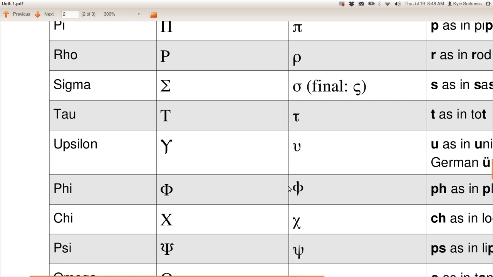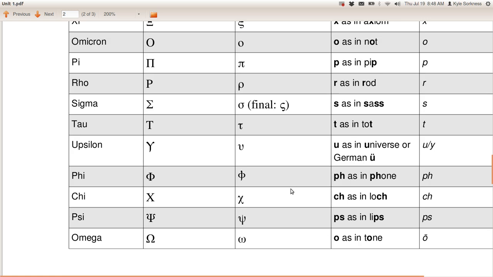That will be another thing that will help you tell the difference between the uppercase and the lowercase phi. Phi makes the f sound as in phone. There is no letter F equivalent in Koine Greek. So if it helps you to think of it as the F sound, fine, but it's probably better to think of it as the PH sound since it is phi.